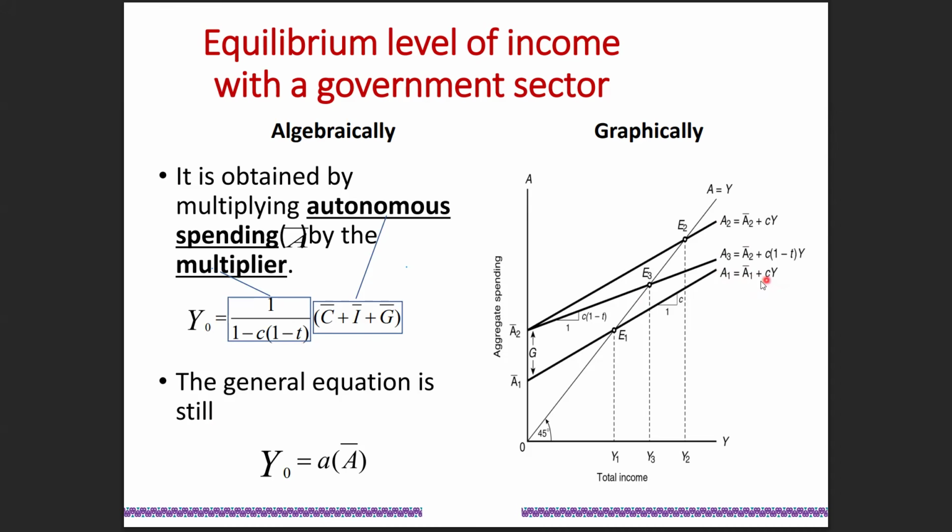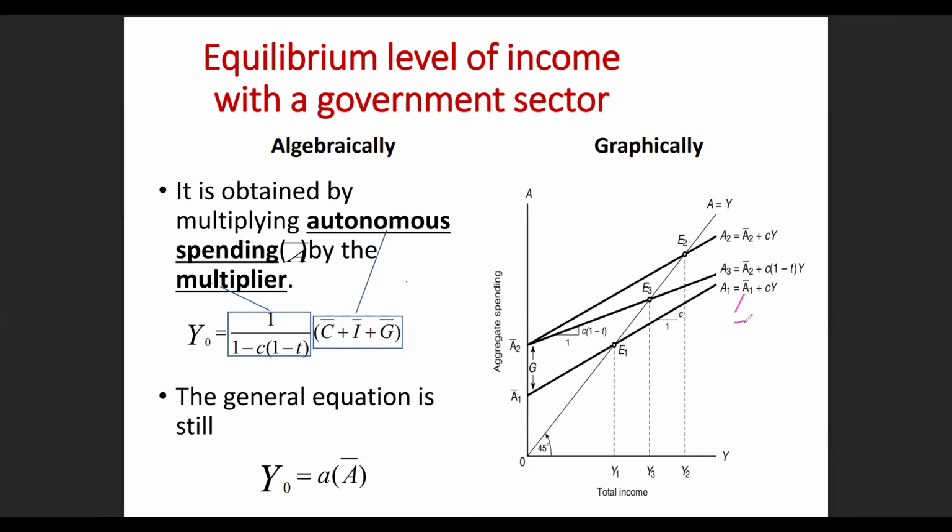So this is basically here where we have our C plus I, right? And I think they grouped I here along with the autonomous consumption. They also grouped autonomous investment here plus CY, right? And then A1 obviously consists of autonomous consumption plus autonomous investment, right? Equals aggregate autonomous expenditure, which is this one here. And obviously if you add them together, you're going to get this amount that is going to be here, right?